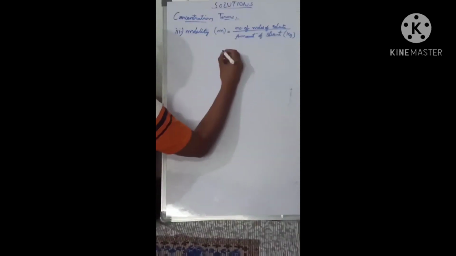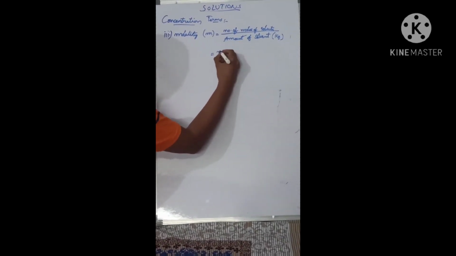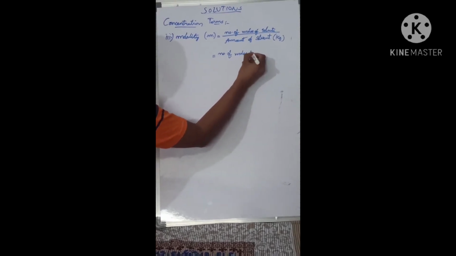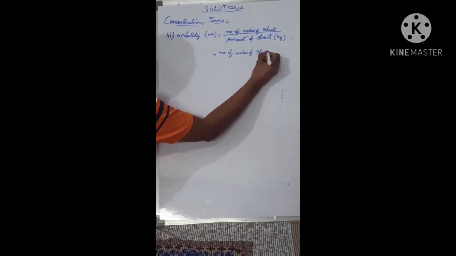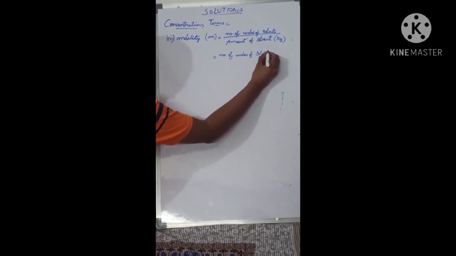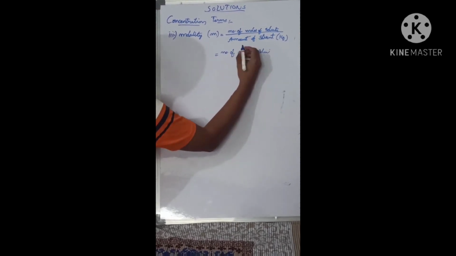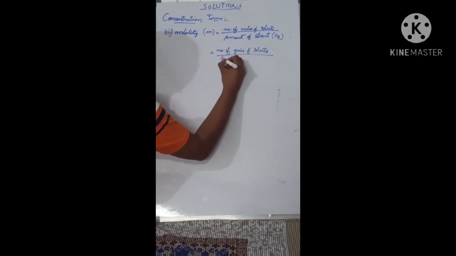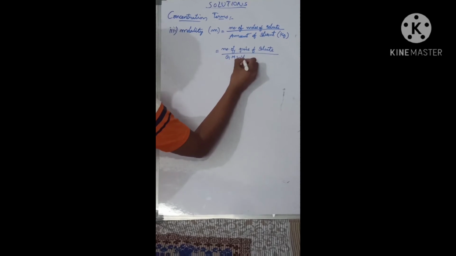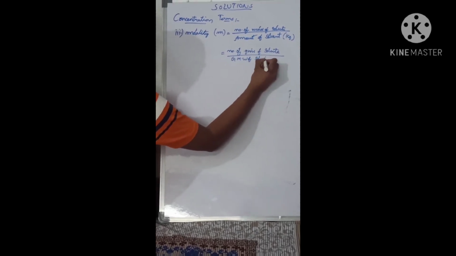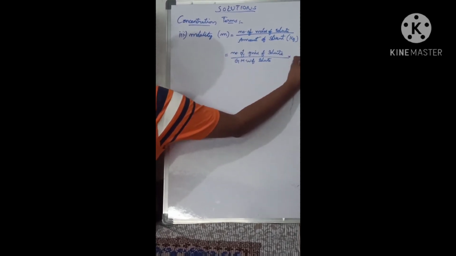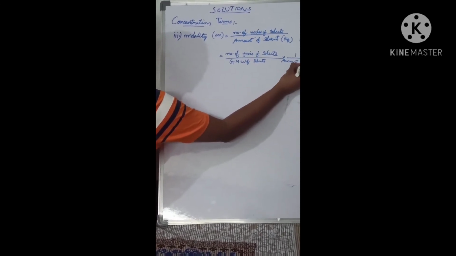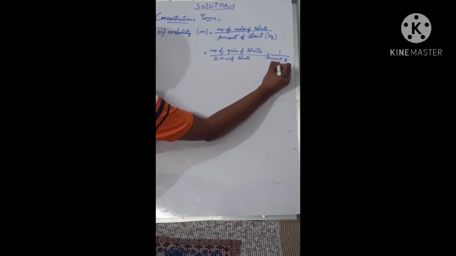We can also write it like this: number of moles of solute, that is number of grams of solute by gram molecular weight of solute, into 1 by the amount of solvent in kgs.